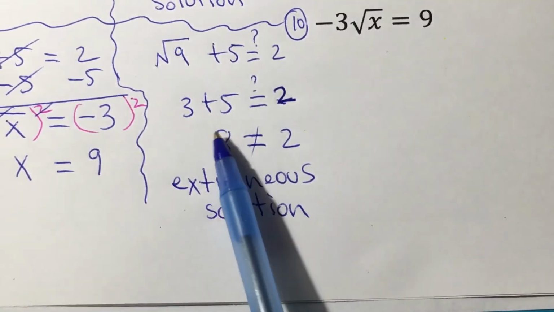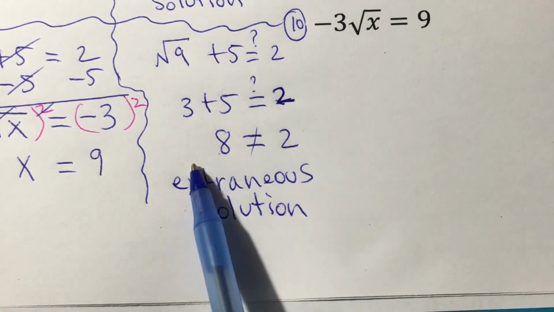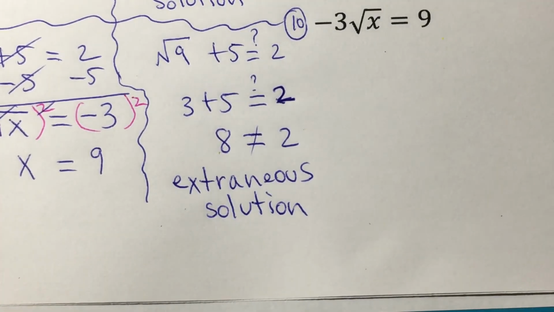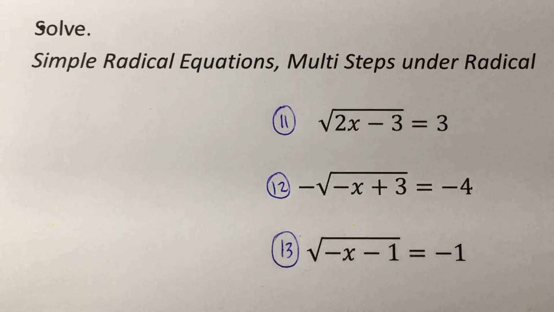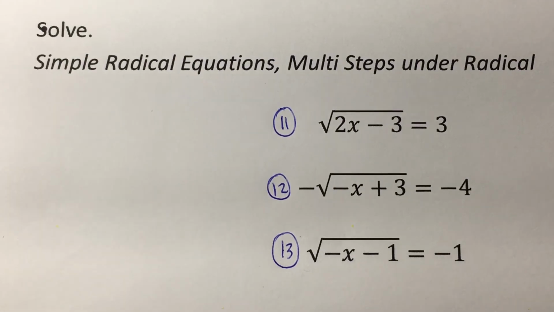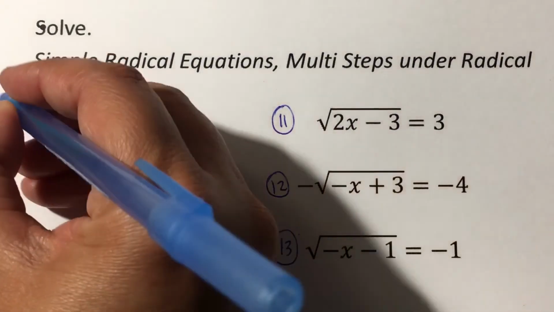But in here, they even tend to be different numbers completely, not just opposites. Make sure that you do the checkup testing here, because not all of them will be a solution. You need to check and see if they are not some extraneous answers, okay? So number 11.